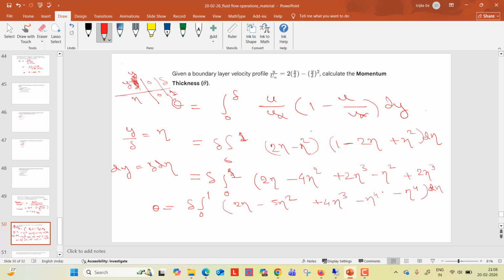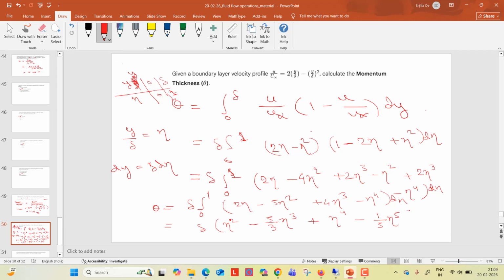Okay, so I'm directly multiplying delta into the integral: 2 by 2 eta square, so it will be eta square, minus 5 by 3 eta cube, plus 4 by 4 eta to the power 4, minus 1 by 5 eta to the power 5, from 0 to 1.